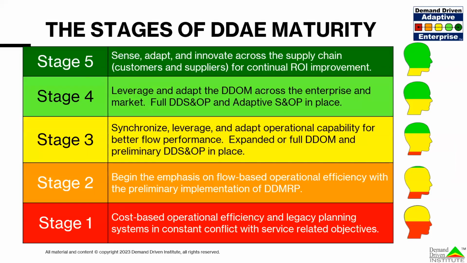Now, you don't just say, okay, we're doing the DDAE model, and flip it on. It's a journey. We've come up with this chart, with the buffer zones in the header. We're going to start here, where we're conflicted. It's not that we don't understand flow, or the importance of flow, or that we don't even have flow metrics.